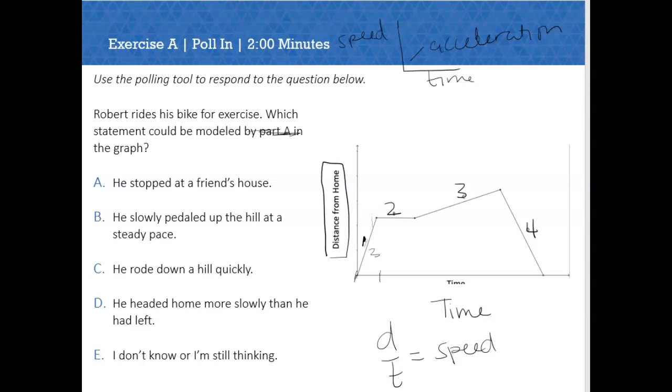Okay, so let's talk about each little section here. Let's talk about what's happening at 1. He starts from home. He ends up somewhere away from home over a period of time.